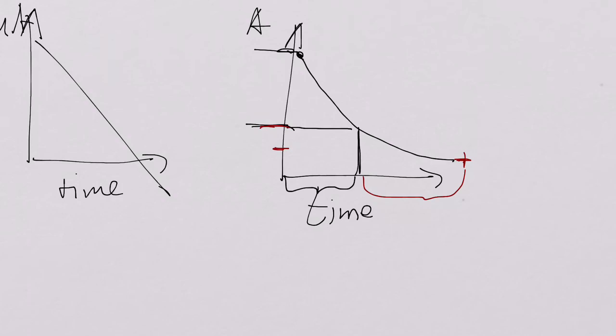So what they do is basically look at the half-lives. And then they say the half-lives are the same, therefore I know it's a first-order reaction.